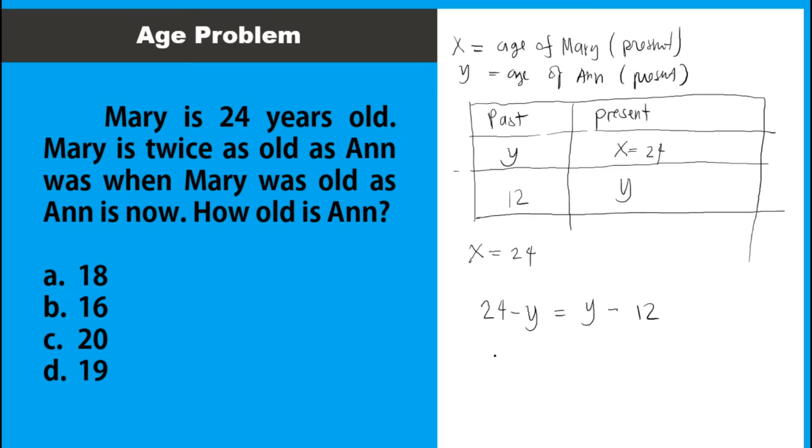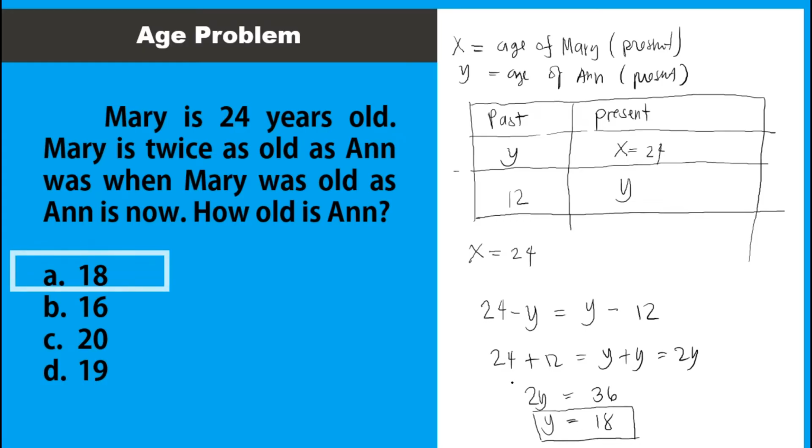So 24 plus 12 equals Y plus Y, or 2Y. So 2Y equals 36. Divide both sides by 2: Y equals 18. Anne's age is 18 in the present.